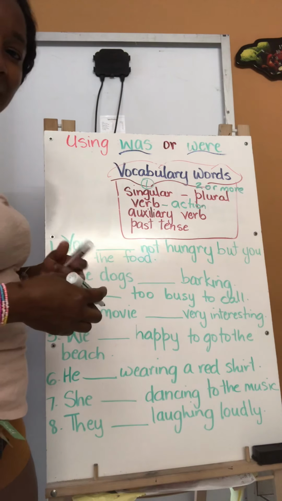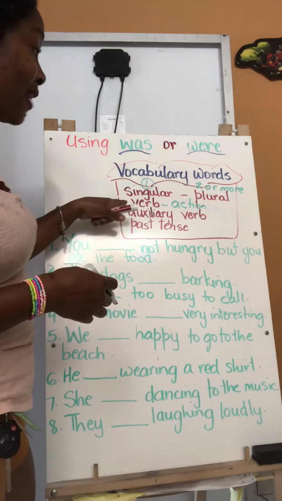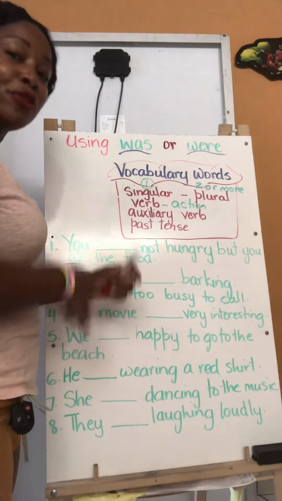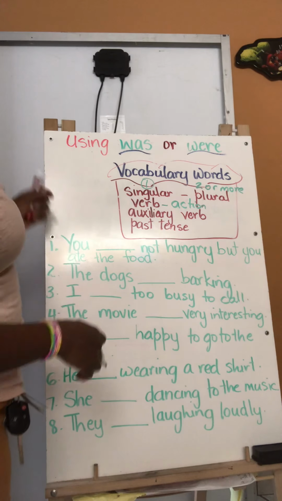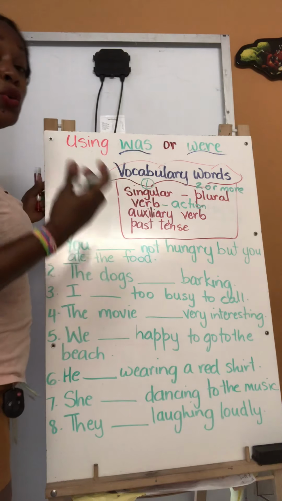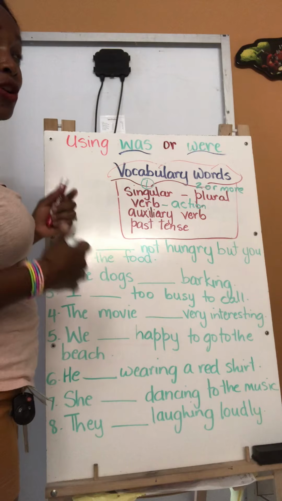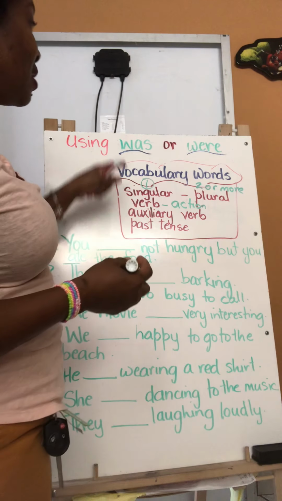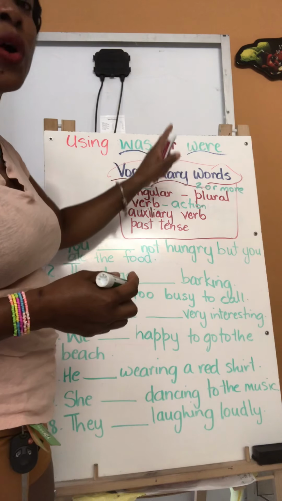And then past tense refers to a verb or an action that happened in the past. It already happened. Now, was and were are used when we're referring to the past. So if an action is already done, then we use was and were.